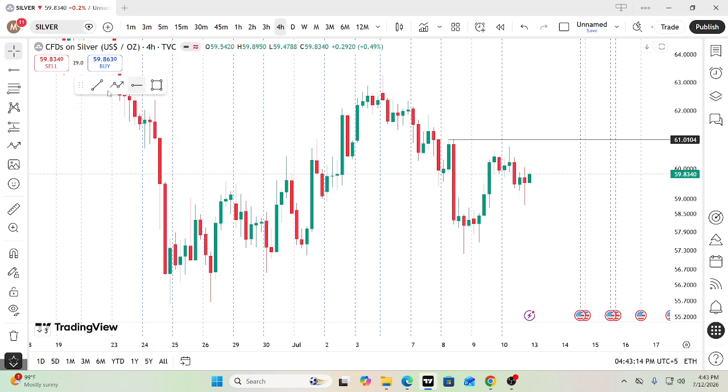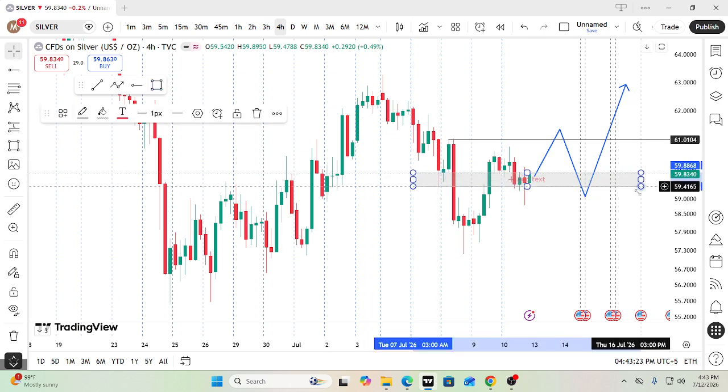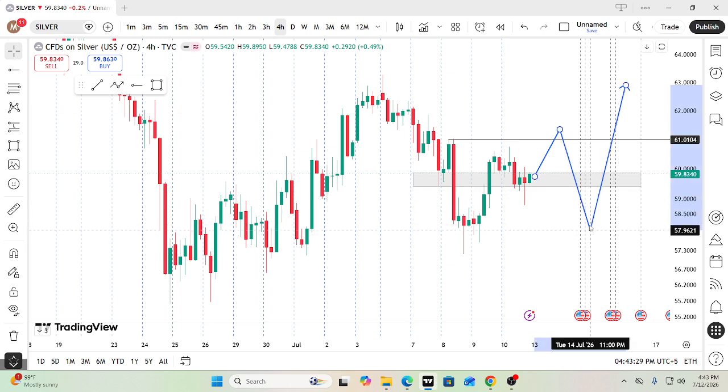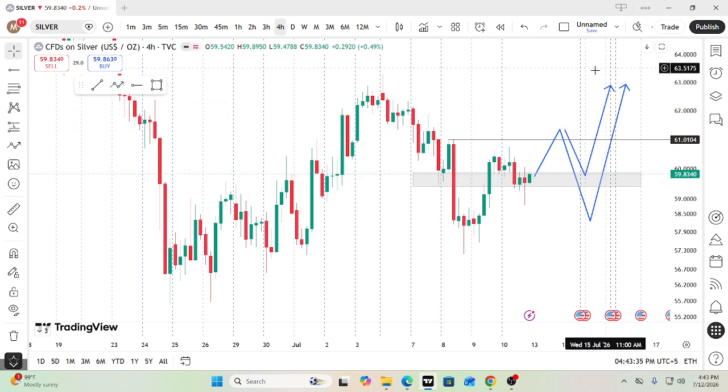If we have H4 closings above 61, then on the pullback we can look for buy. This is the QML area. The market can sweep this area and can even go buy from this double bottom as well, but this is less likely. The market should go from here. But for silver to go up, we need H4 closings above 61.